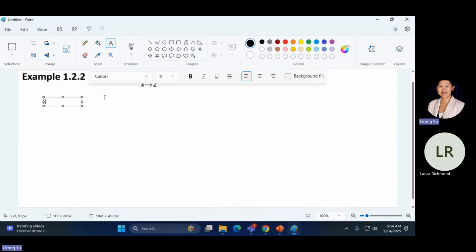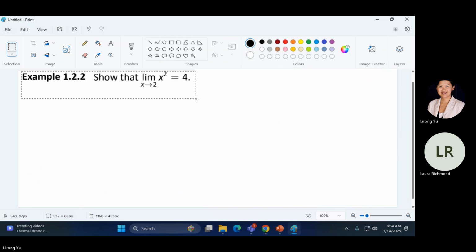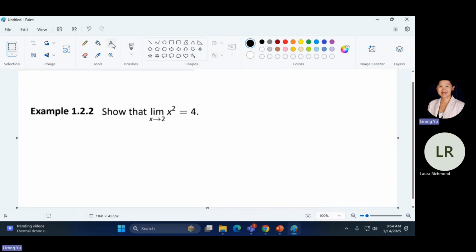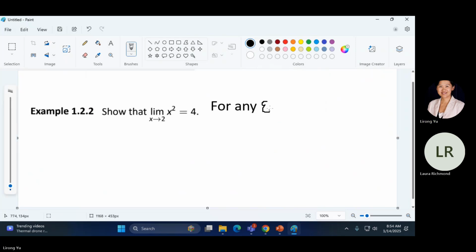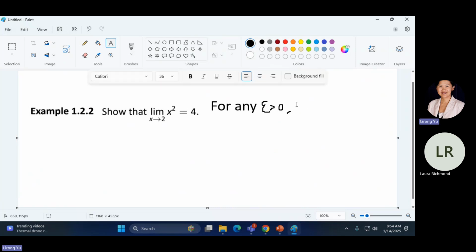If we are proving this, essentially we're saying, let me write the definition for limit again. If we are to prove this, we're trying to prove that for any epsilon positive, there exists, and in this case really we are finding it ourselves.